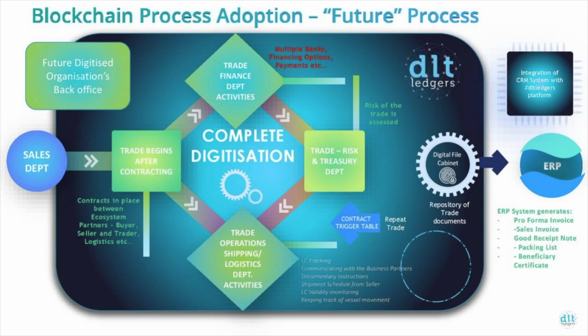configurable system and a module, which allows you to also have a seamless integration through BC Link, which is called the blockchain link, to the ERP systems, which provides the respective documents in terms of pro forma invoice, a purchase order, or a sales invoice, or a goods receipt note, or a packing list, or whatever certificates have been generated. So we can also do a three-way matching with the PO, receipts and the delivery order.